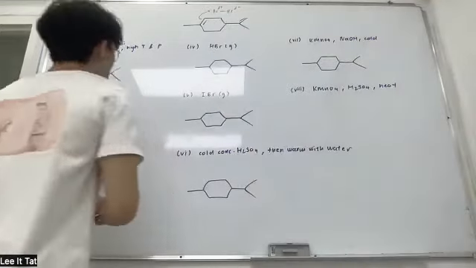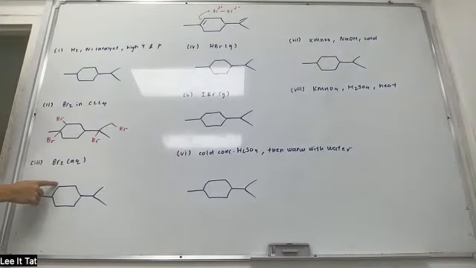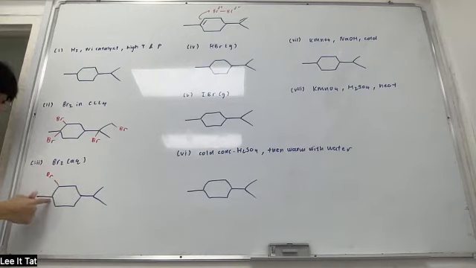Where does the bromine go? This carbon A or carbon B? If the bromine goes onto carbon A, then this carbon must have the positive charge. On the other hand, you can do the other one. If the positive charge is here versus the positive charge here, which one's better?